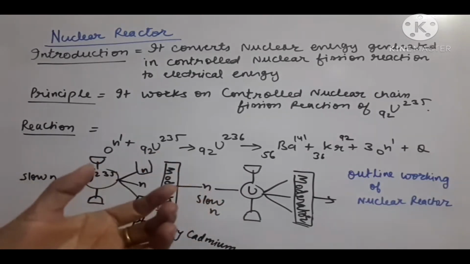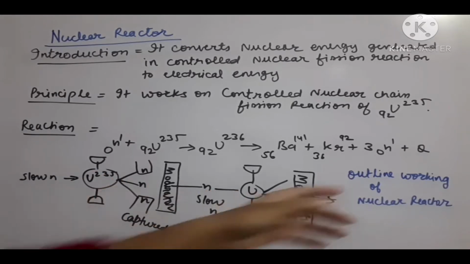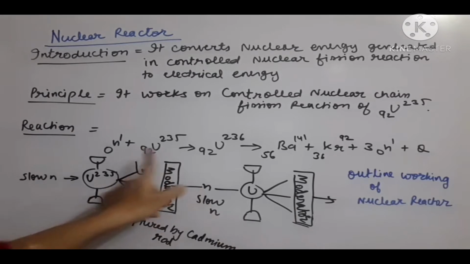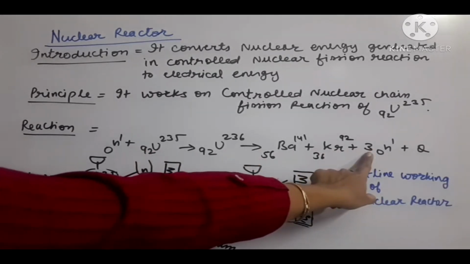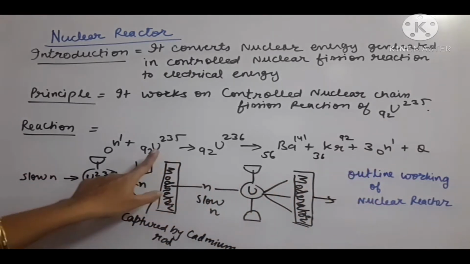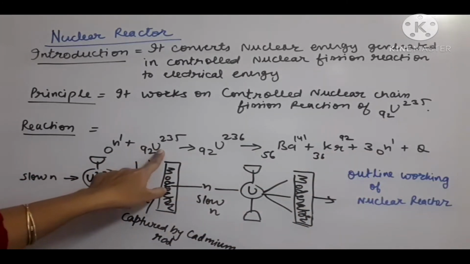But let us convert this reaction so that we can utilize this energy in a controllable manner. So we need to allow only one of the neutrons to trigger the fission reaction of the next nucleus of uranium.